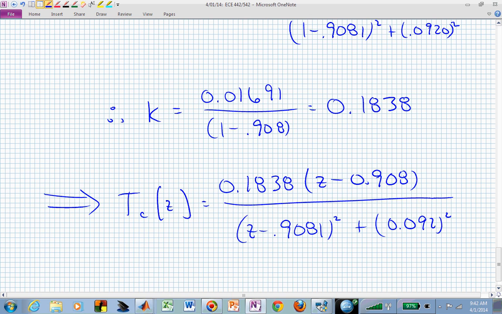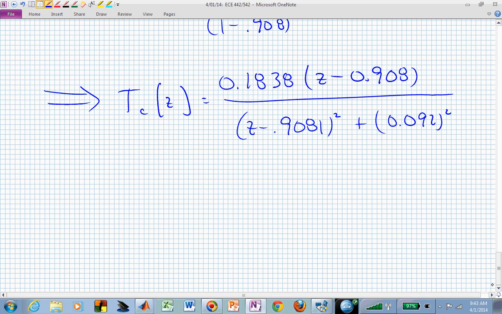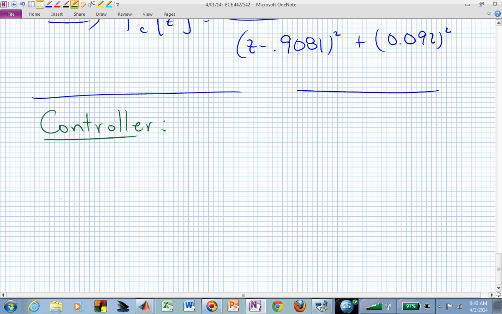And now I can use that expression for my desired closed-loop transfer function to create my controller transfer function. I now have the controller design equation that I can simply use.